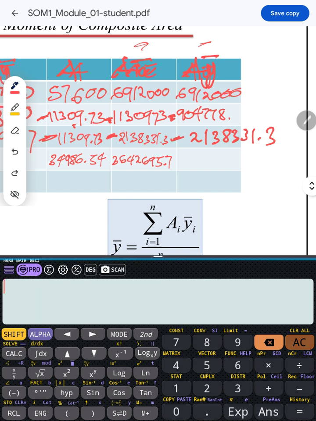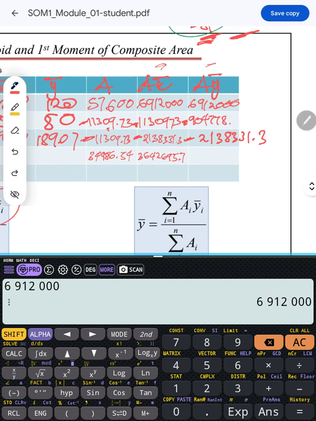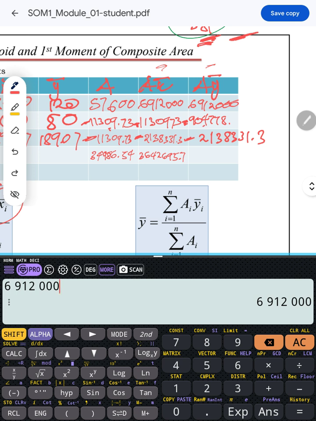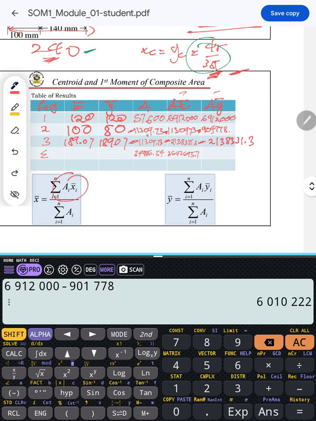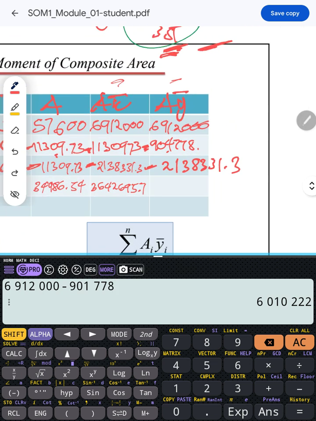What do you have for that one? 691.230, right? This one is negative, right? This AY here is negative, so minus 904.778. Something missing. It's showing a dot somewhere.